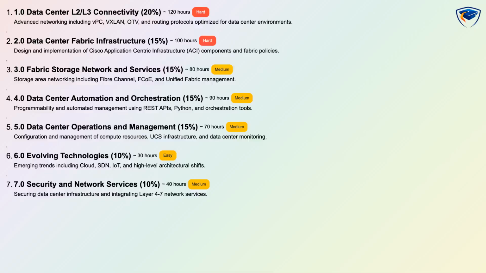Each domain lists focus areas, difficulty level, estimated learning time, and the assessment type you will face. Use these weights to prioritize study time and practical labs.